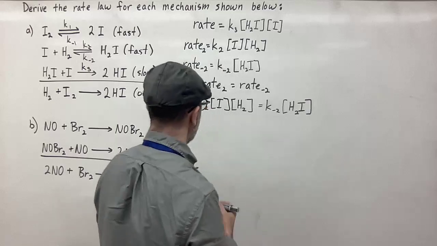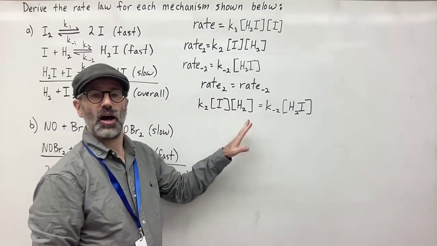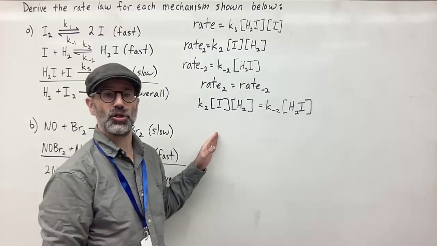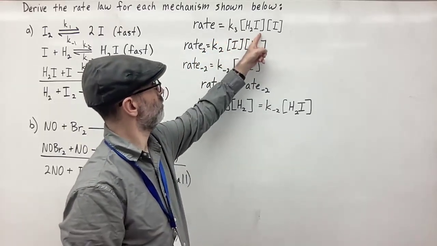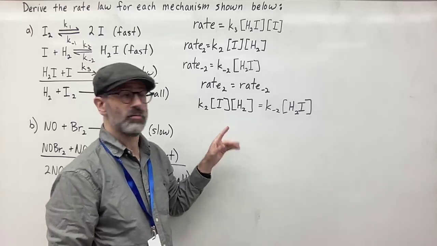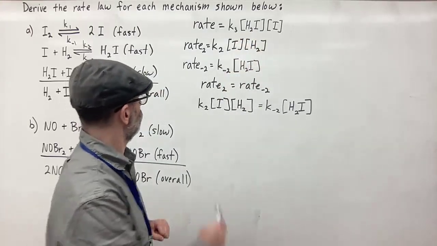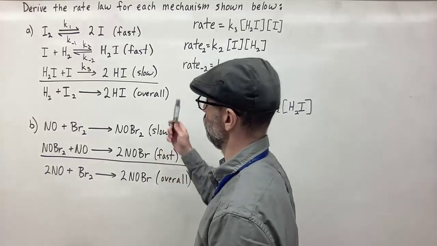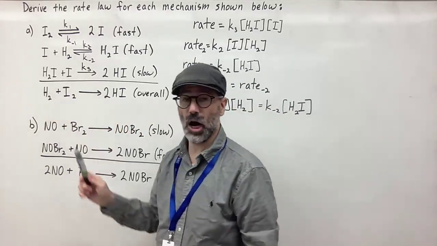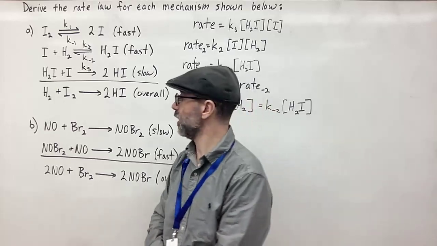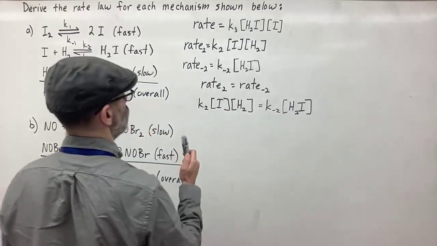Now, the great thing about this is we can arrange this so that we can substitute this in for one of these. We want to get rid of the intermediates. We want to only have these two in our equation. So what should we substitute?